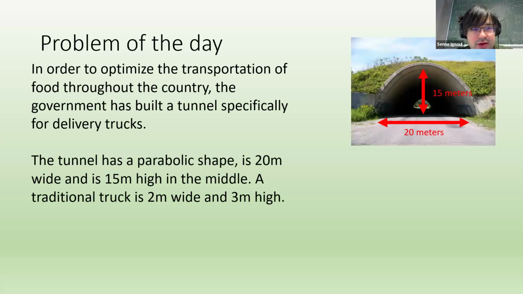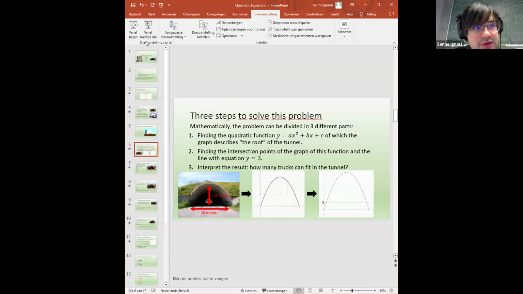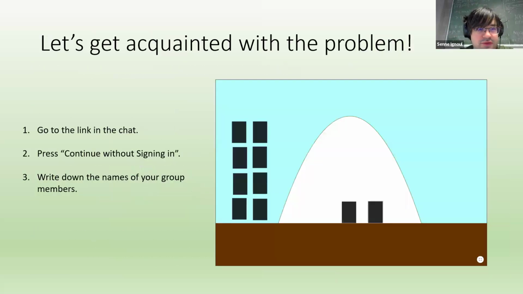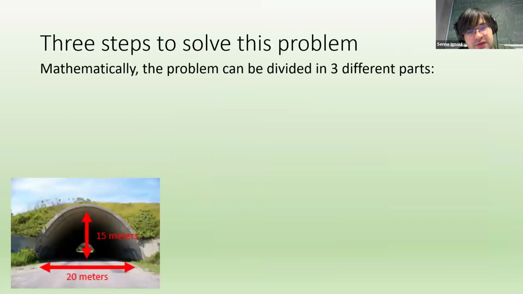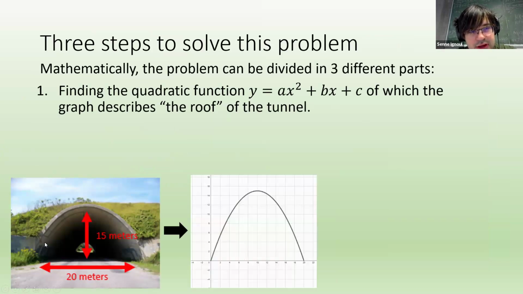After we have done that, I want to let students think about what they have to do mathematically to solve this problem. So by asking questions, I want them to find out themselves that first of all, you need to describe the tunnel as a function. We can do that with a quadratic function because it's a parabolic shape.